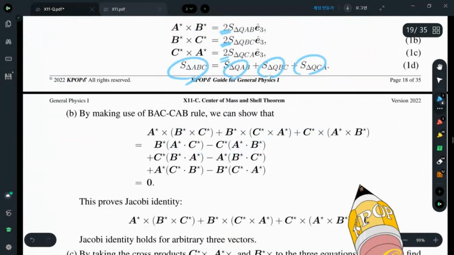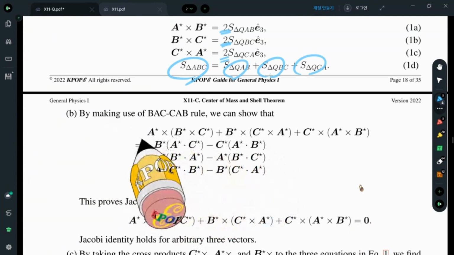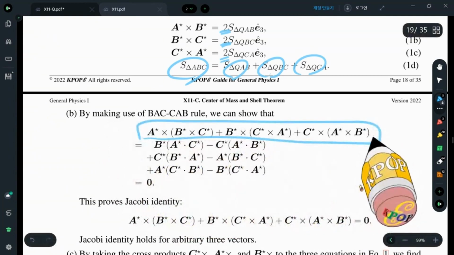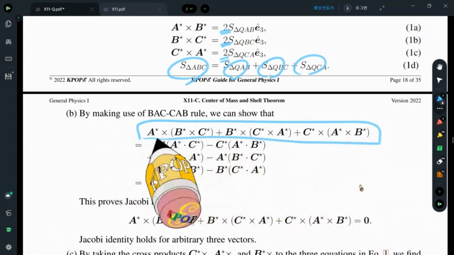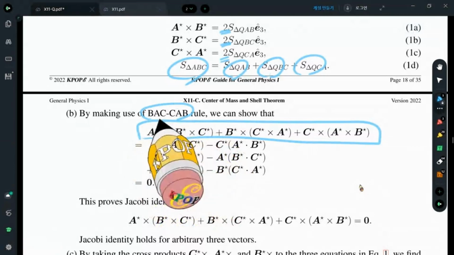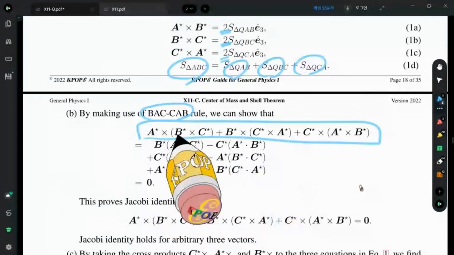Jacobian, we learned Jacobian to transform a multidimensional integral from the Cartesian coordinate to any other coordinates, and Jacobi is very good at measuring the area, and this is a very famous formula coming from Jacobian. It looks complicated, but we'll know how to evaluate this triple cross product by applying the BAC-CAB rule.